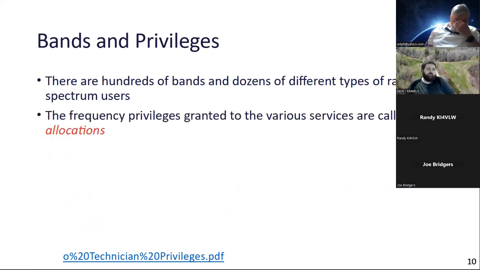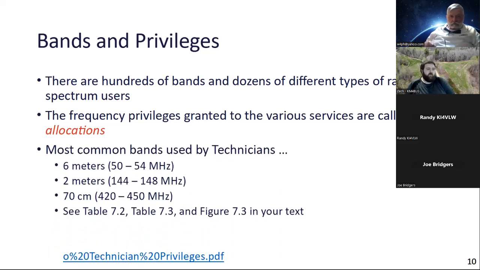The frequency privileges granted to the various services are what are called allocations, because you're allocated those frequencies to use. Most commonly, technicians use these three bands. There are more bands they can use and do use, but these are the three most common.